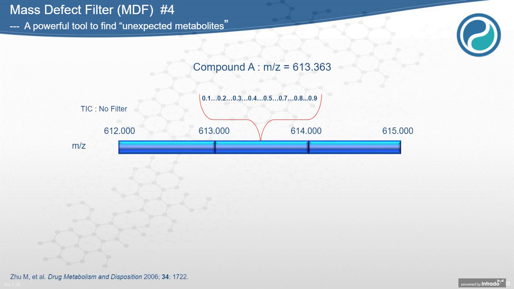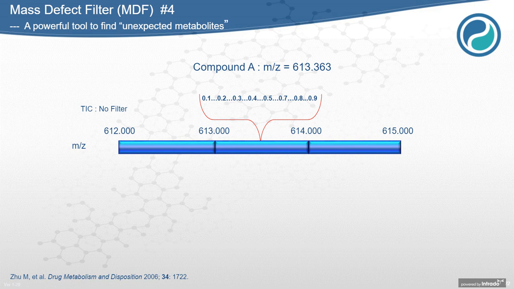So this is a graphical representation of a data set. These blocks here are representing all the ions we would see between mass 613 and mass 614, for example. So we would actually have there a mass at 613.001, 613.003, 613.004. Okay, you get the point. I won't go on.